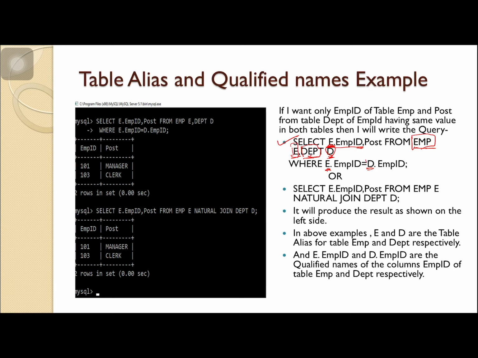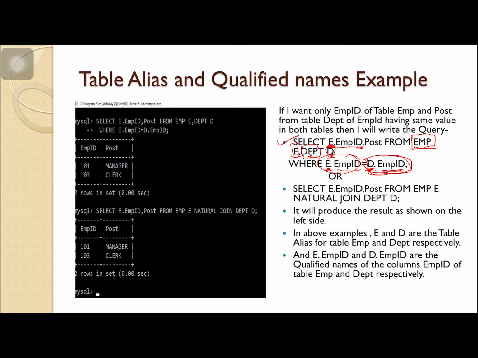Okay. And qualified name is made of table name dot column name. Okay. So in this thing, this D dot employee ID or E dot employee ID, as employee table and department table both contain the column with the name employee ID.